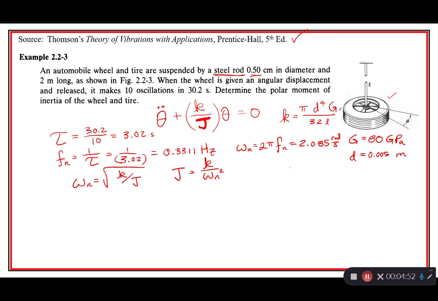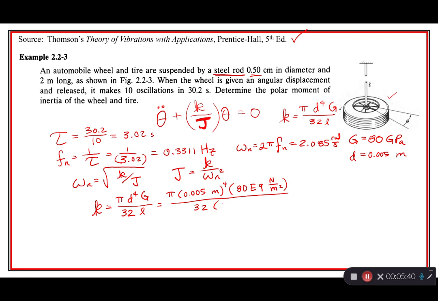K is pi, d to the fourth, which is 0.005 meters to the fourth, times G, which is 80 E9 newtons per meter squared, since a pascal is a newton per meter squared and E9 takes care of the giga, divided by 32, which has no units, and then the length, which is 2 meters.